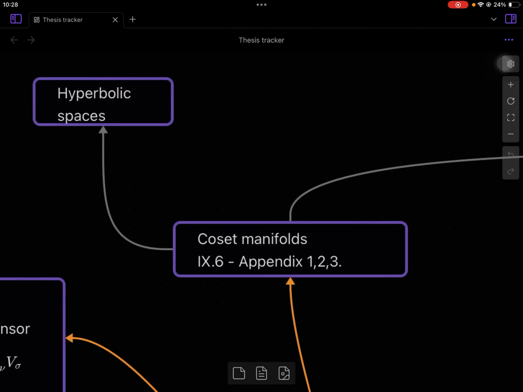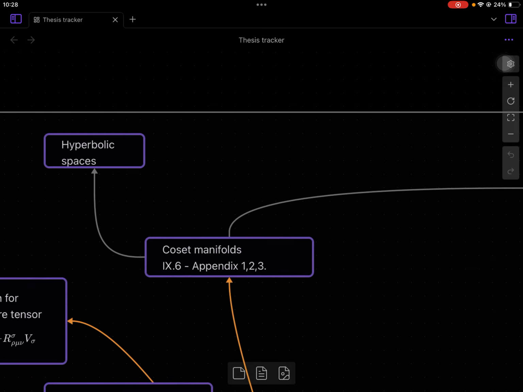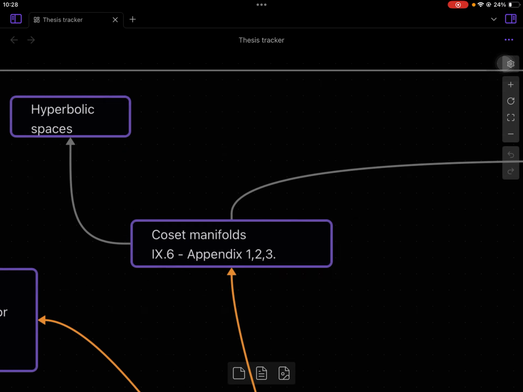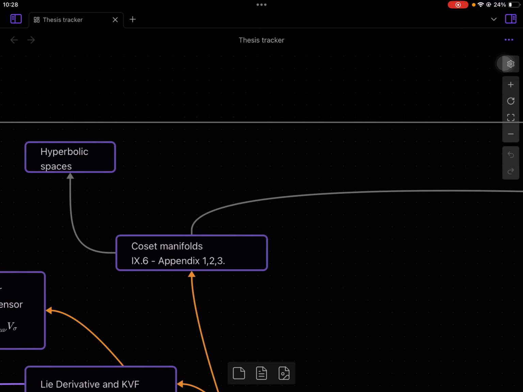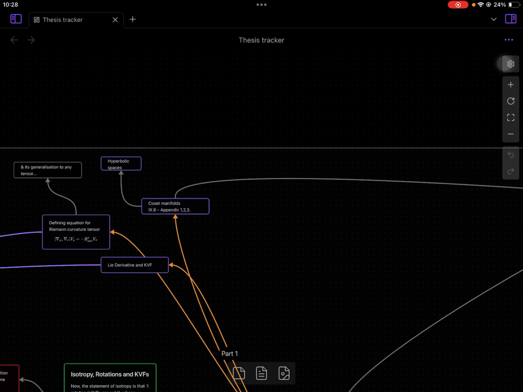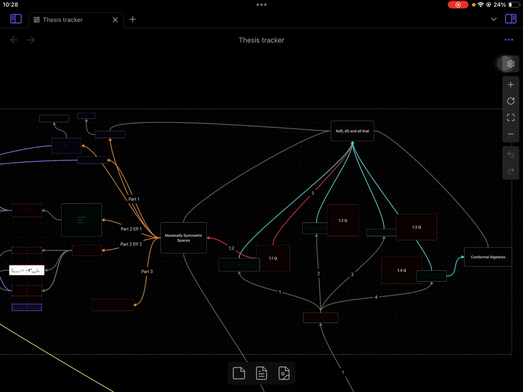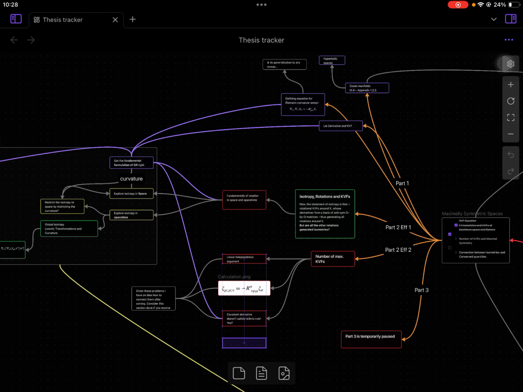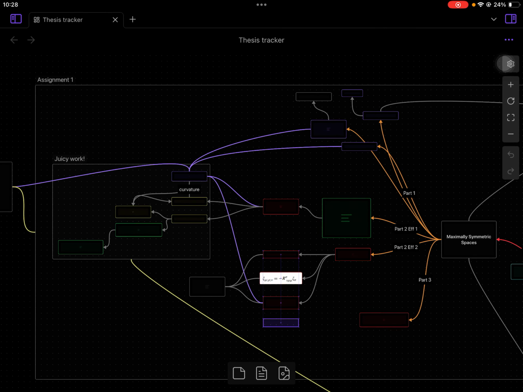And then there was an appendix on coset manifolds, which would be applied to anti-de Sitter spaces and also hyperbolic spaces. I guess anti-de Sitter spaces are actually hyperbolic spaces, since they have a negative curvature. So yep, there's that, and there it goes. That's how maximally symmetric spaces have gone by in the last 3 or 4 days.